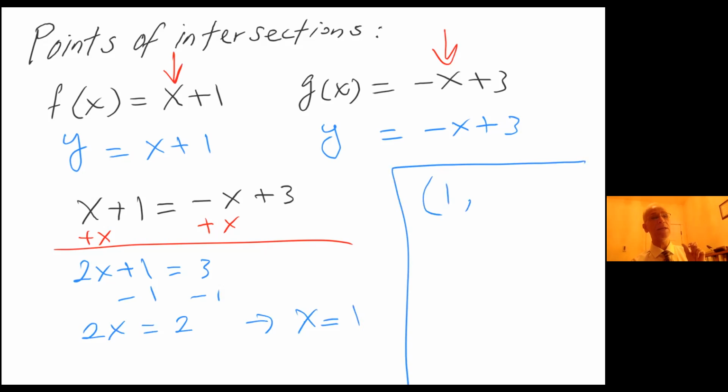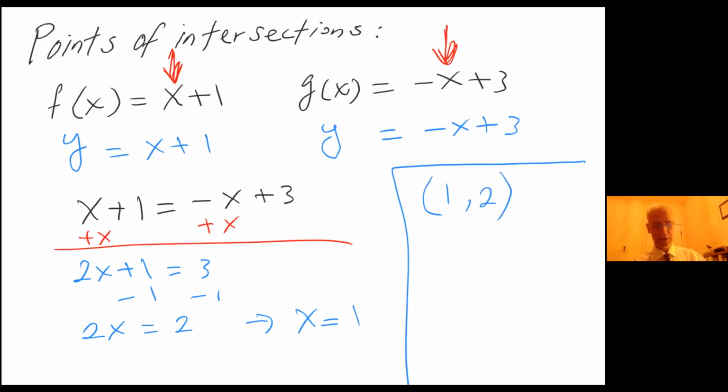Once again, because they both have the same height at that particular point of intersection. If I put 1 in f, 1 plus 1 is 2. If I put the 1 in g, minus 1 plus 3 is 2. So the point of intersection for f and g of x is (1, 2).